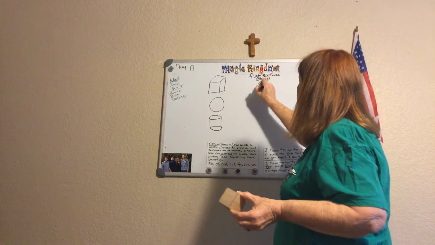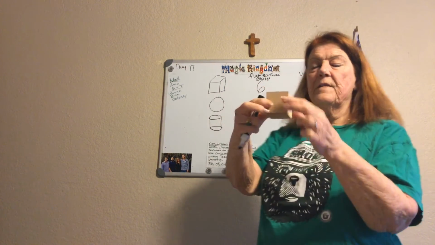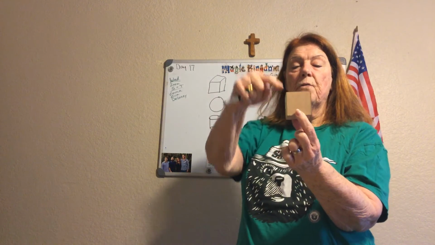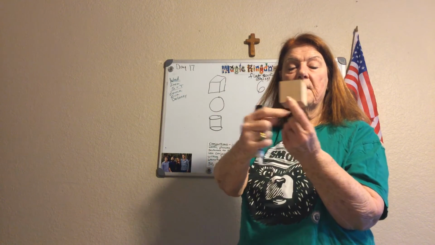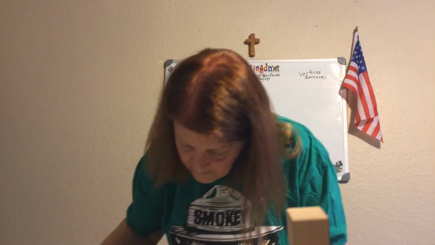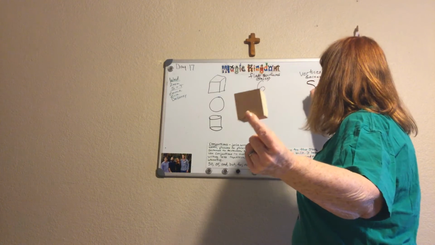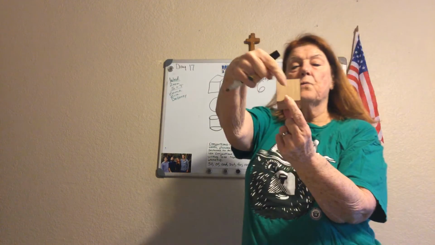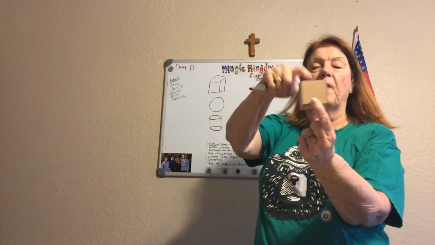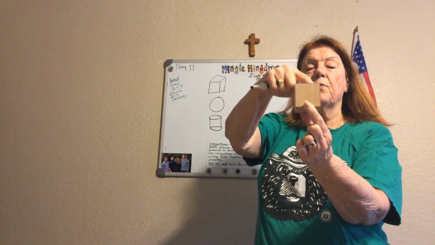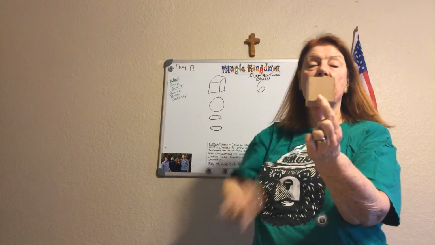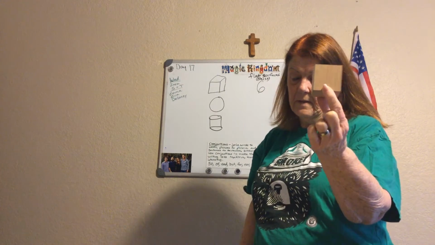So you've got 6 flat surfaces. So we're going to write a 6 there. And how many vertices or corners do you see? 1, 2, 3, 4, 5, 6, 7, 8. You see 8 corners. So again, we've got 6 surfaces and 8 corners or vertices.